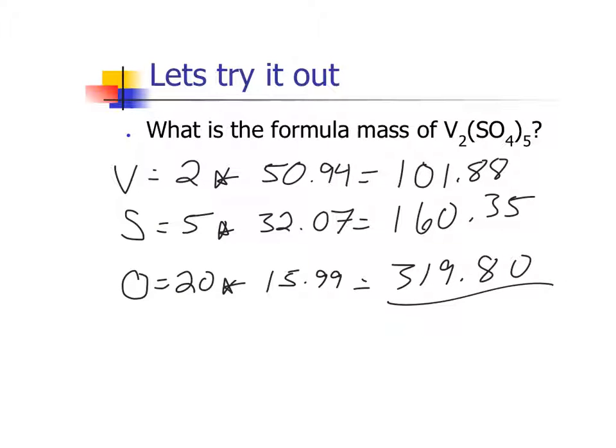I'm actually going to put this one into my calculator because of all the extra parts that are necessary, and I don't want to make a mistake. So I'm actually going to put the addition in my calculator and find that it's 582.03 grams per mole.